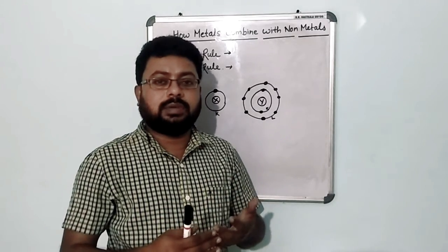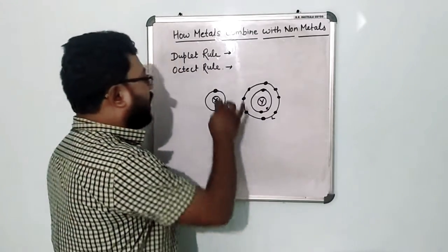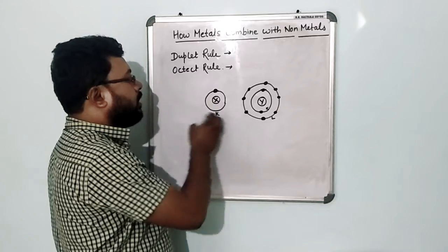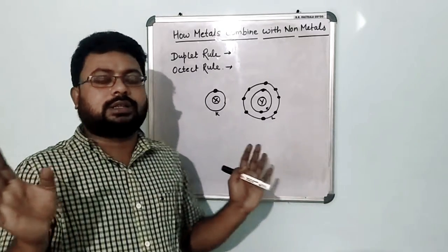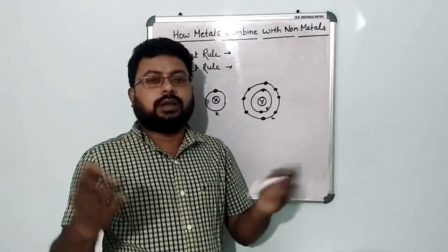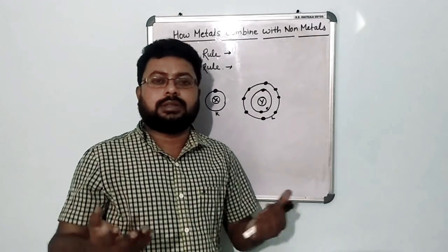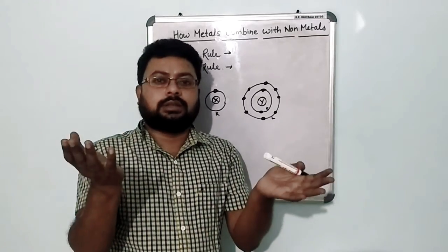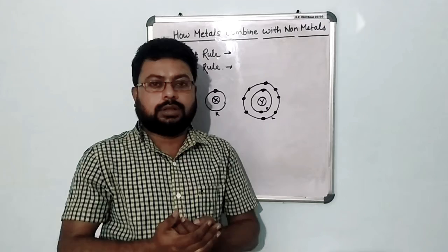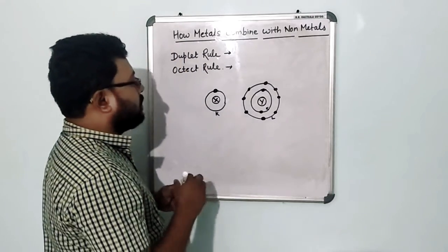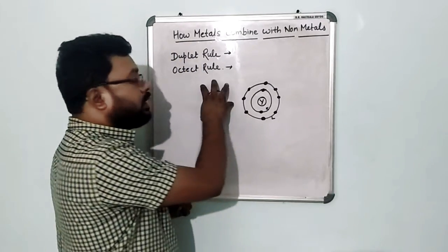To attain stability, either it will have to lose this electron and the entire shell will be destroyed, so there would be nothing, and then electrons would not be needed. But what is the other way?